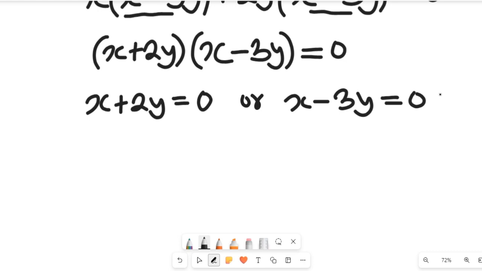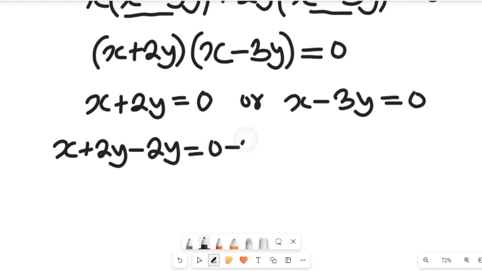So what do we do from here? We are going to simplify. Now if we simplify this other side, let's subtract 2y from both sides. So we'll have x plus 2y minus 2y, and that will be equal to 0 minus 2y. So definitely this will clear this, and then we'll have x to be equal to negative 2y.